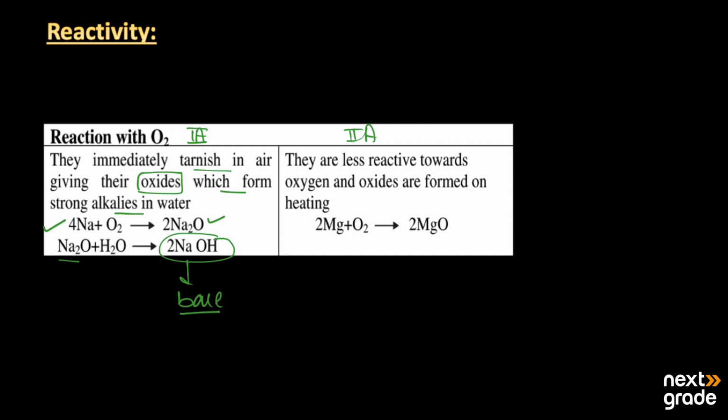On the other hand, the alkaline earth metals are less reactive towards oxygen, and oxides are formed upon heating. So heating is required. Magnesium reacts with oxygen and produces magnesium oxide. It means the group 1A elements have more reactivity with oxygen as compared to the group 2A elements.